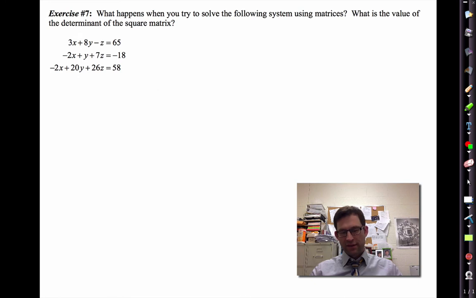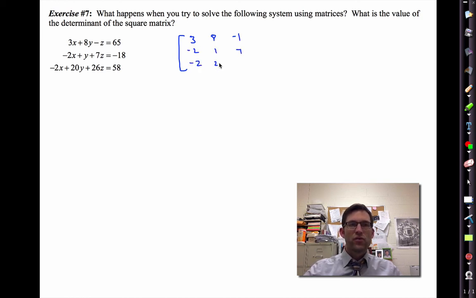All right, let's go through it. So if you set up this 3, 8, -1, -2, 1, 7, -2, 20, 26 times x, y, z equals 65, -18, and 58.